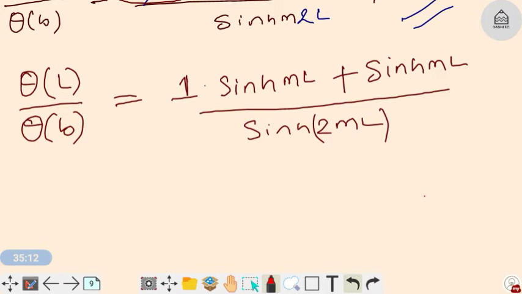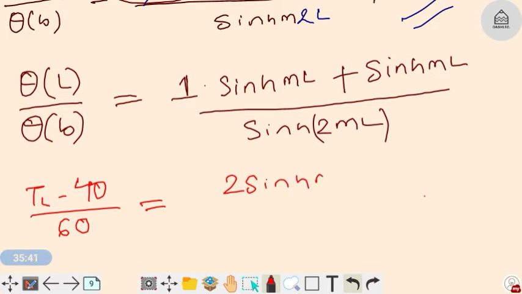So now what is theta b? Let us write it like TL minus T infinity, T infinity is 40, divided by theta b, that is 100 minus 40, 60. It is equal to, see here, sine hyperbolic ml plus sine hyperbolic ml, which means 2 sine hyperbolic ml divided by sine hyperbolic of 2ml.